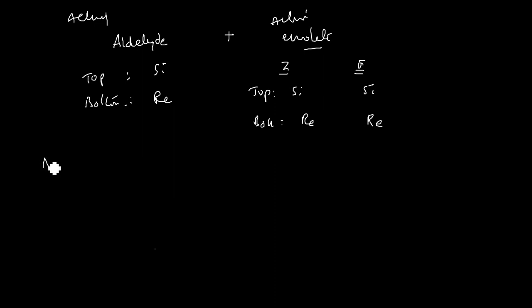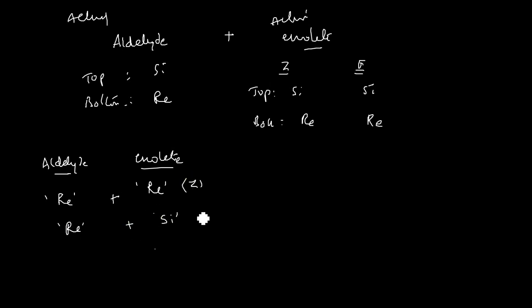You can see there are different kinds of possibilities for the approach of these enolates during the mechanism. Consider these enolates. Okay, first one, the Re face of enolate can approach the Re face of aldehyde, or the Re face of aldehyde can be approached by the Si face of enolate.